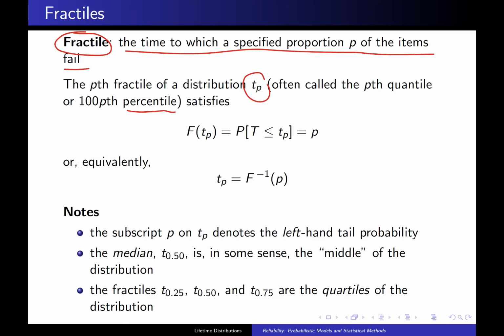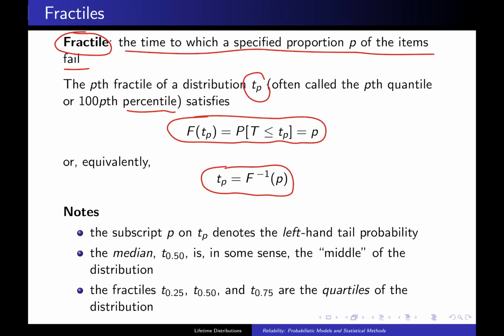F of t sub p, which is the probability that t is less than or equal to t sub p, is equal to p.